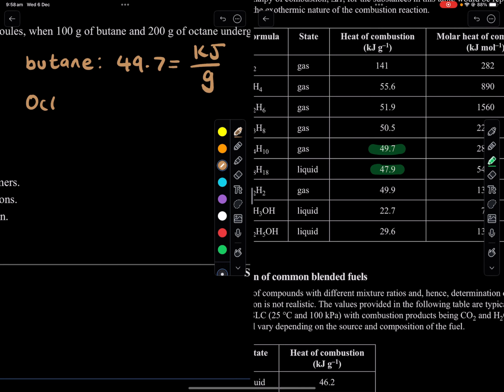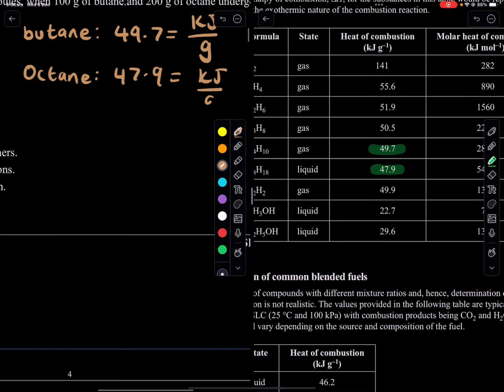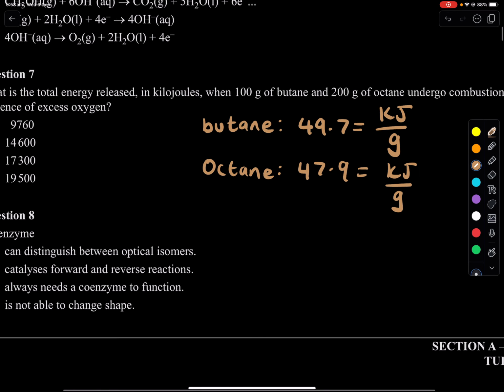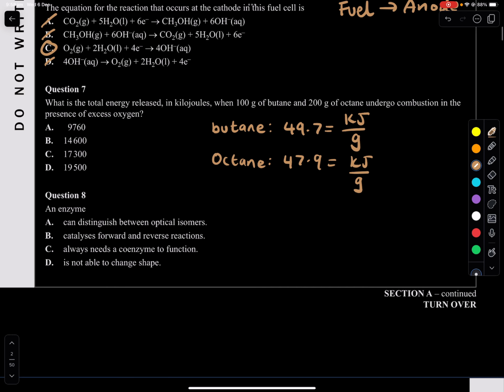So octane has 47.9, and also it's in kilojoules per gram. I like to write them like that, so the units help me calculate easily. For example, if I know I have 100 grams of butane, I can sub in the 100 here, because this is our grams, and multiply them together to get in terms of kilojoules.